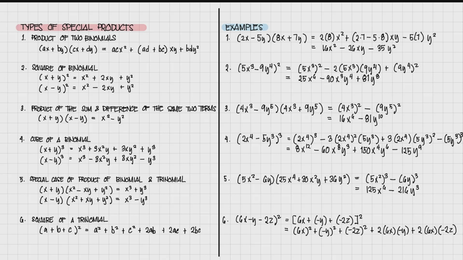Plus 2b, negative y, times c, which is negative 2z.